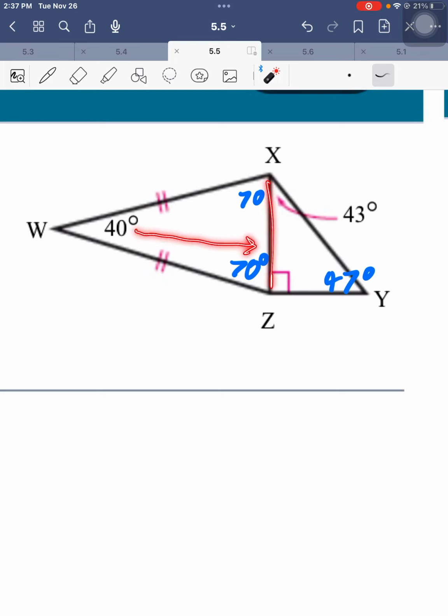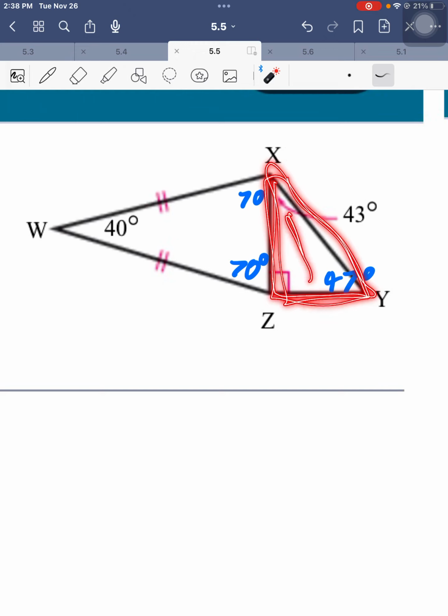So that means even though this angle right here has a measure of 40 opposite to it in this triangle, it has a measure of 47 in this triangle. So yes, this side opposite to this angle is the smallest side in this triangle. But in this triangle, the smallest side is actually this one.